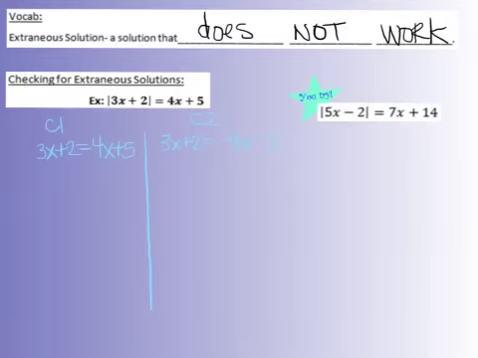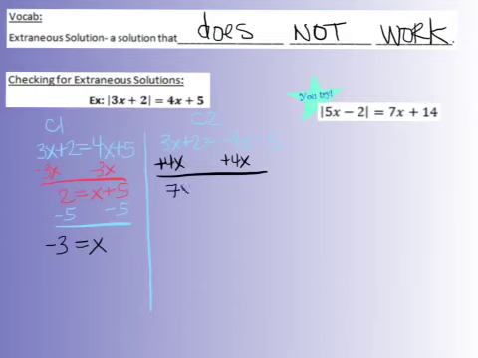Alright, so now solving, I will subtract 3x on each side. So I have 2 is equal to x plus 5. Then I'll subtract 5, sorry. And so I get x is equal to negative 3. On case 2, when I go about solving, I'm going to add 4x to both sides.